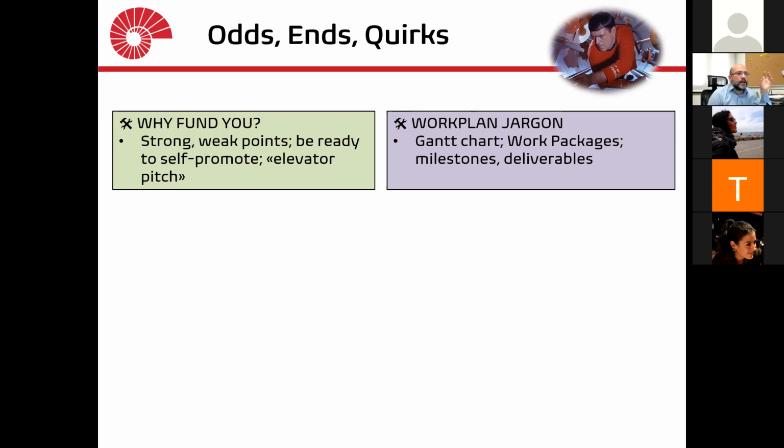Most funding programs talk about what kind of minimums in terms of the CV they are looking for, like this number of years of research experience, for example, or a minimum number of single author or lead author articles, stuff like that. Just make sure that you know your strong points and your weak points.